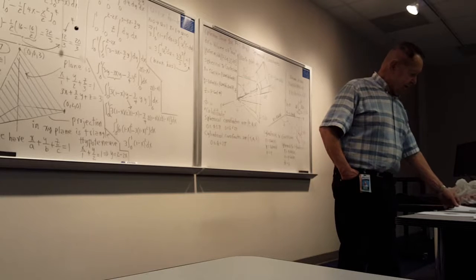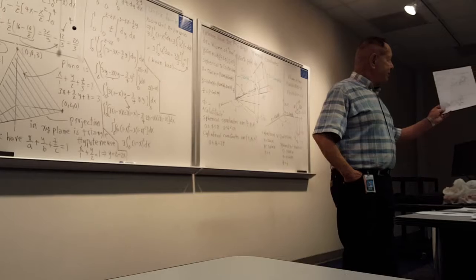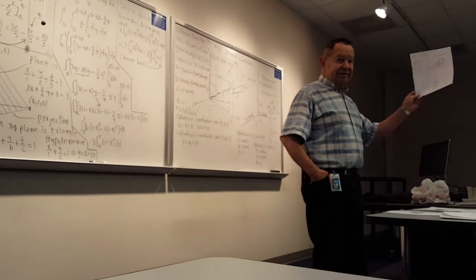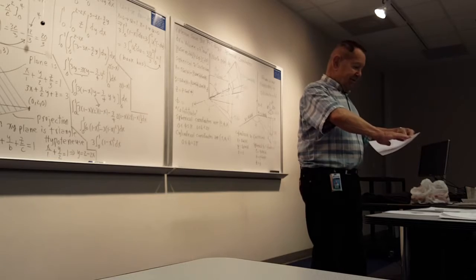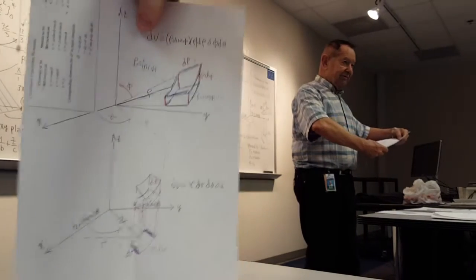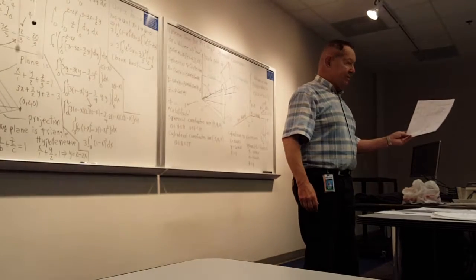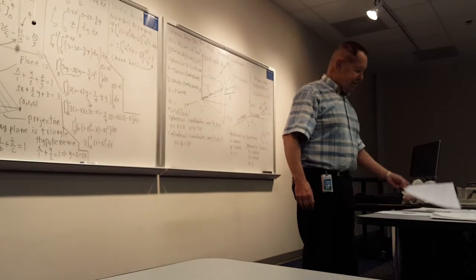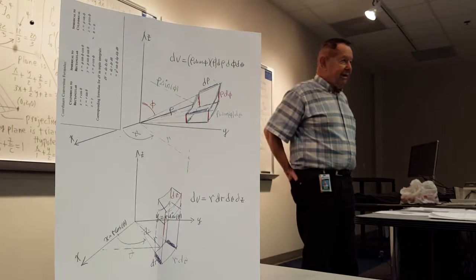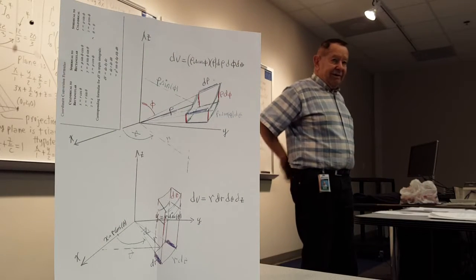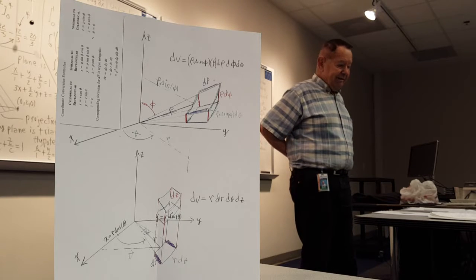So one thing that you probably do want to keep handy is this little handout, because it tells the conversions from cylindrical to spherical to rectangular, and shows the box that you're using as your DV if you're doing a triple integral in cylindrical or spherical coordinates, which we'll be doing next week.